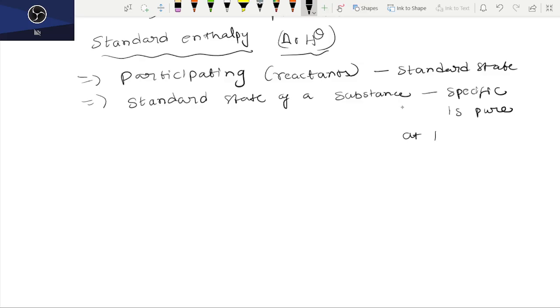At 1 bar pressure, the standard state of a substance will be in a pure form, which generally gives standard enthalpy. Clear?